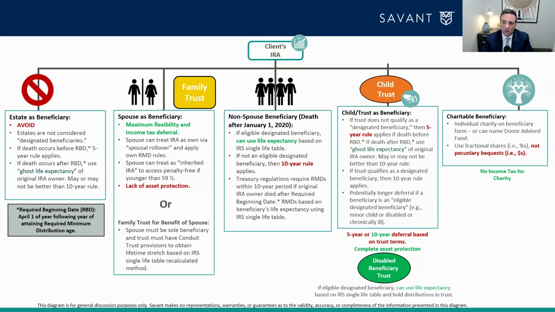You go from a 10-year rule to a 5-year rule, or if you die after your required beginning date, maybe a ghost life expectancy. Basically, if you die after age 82, that ghost life expectancy period is less than 10 years. So really important to be deliberate, name beneficiaries, think about the income tax implications.